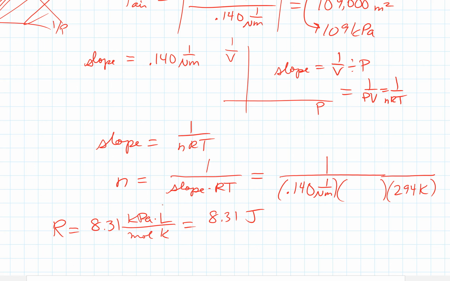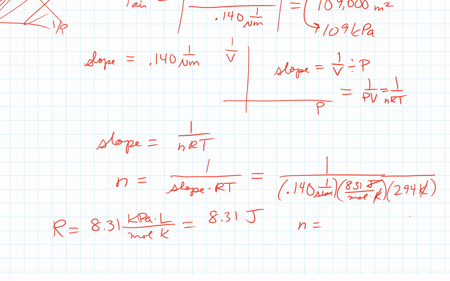And that's because there's 1,000 liters in 1 meter cubed, but there's 1,000 pascals in a kilopascal, so the thousands cancel out. So we're going to use 8.31 joules per mole Kelvin. Kelvins will cancel, Newton meters will cancel, and n is going to be basically 1 over 0.140 times 8.31 times 294.